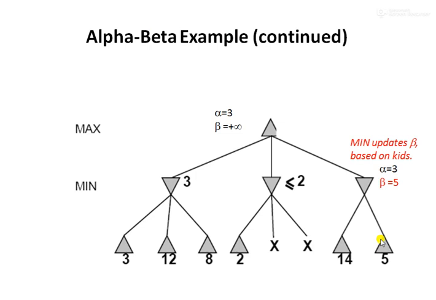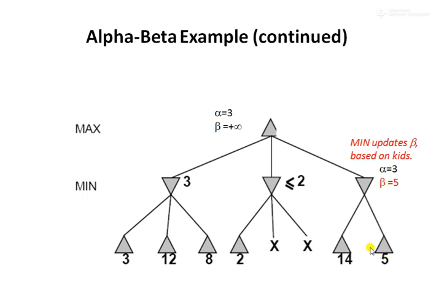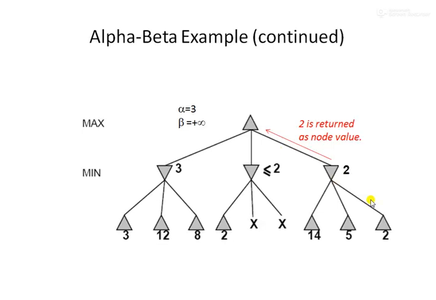Now it is 5. Is 3 greater than 5? No, so we cannot cut down, we have to expand. Earlier the value for beta was 14, right? Now the value is 5, and 5 is smaller than 14, so the value of beta is also changed. Now another possible value is 2, so between 2 and 5, the minimum value is 2.